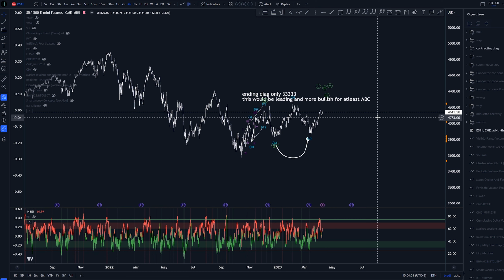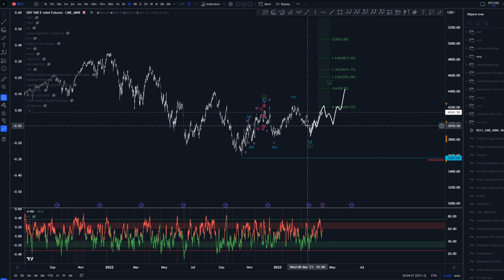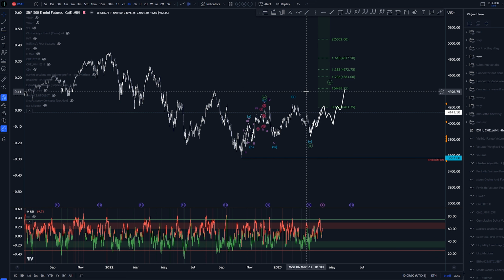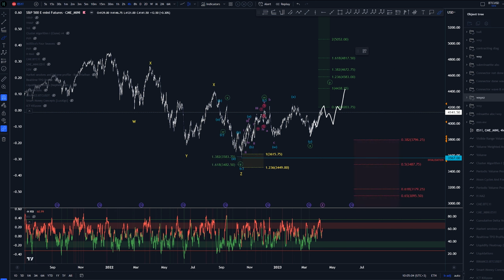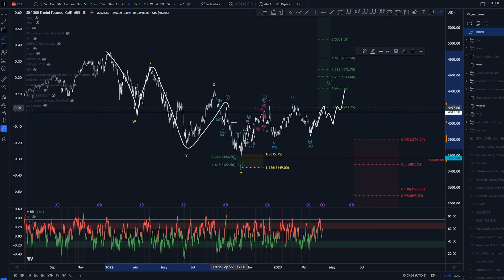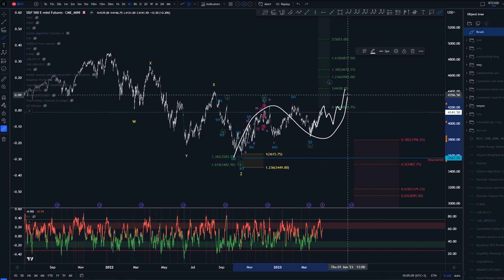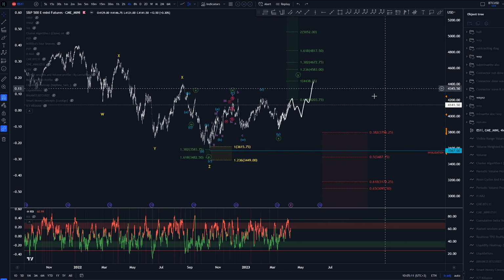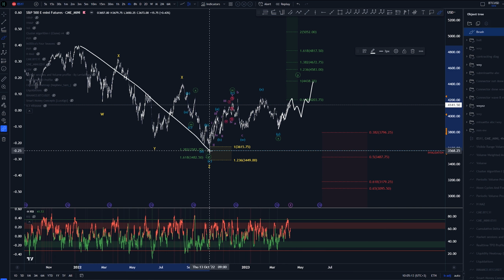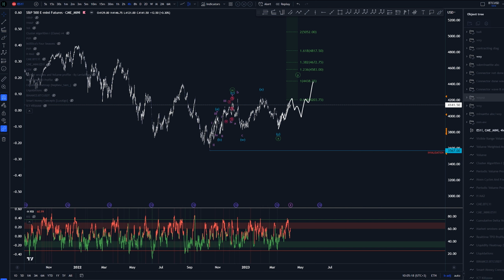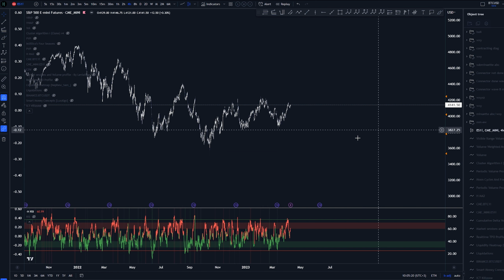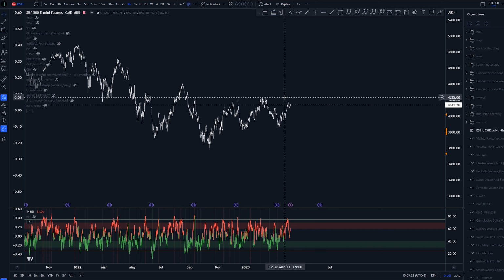I feel like something like this might be the best one, or the WXY overall is the best one, but how this fits into the higher degree or higher time frame, I'm not quite sure. Maybe there is a chance that we have this as that WXYZ count that we were talking about earlier, and this structure here would be a partner leg, the connector wave, and before we would be getting another leg downwards similar to this. But those are all the ideas that I'm looking at on SP500.